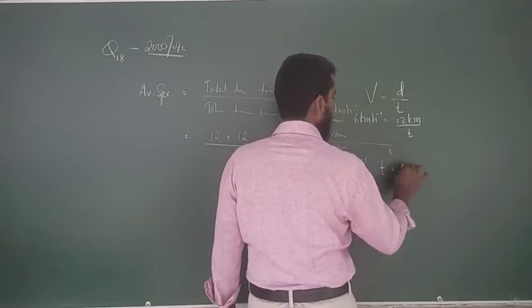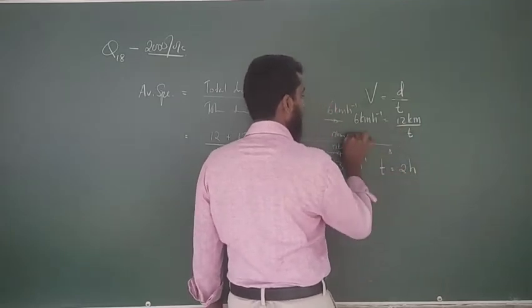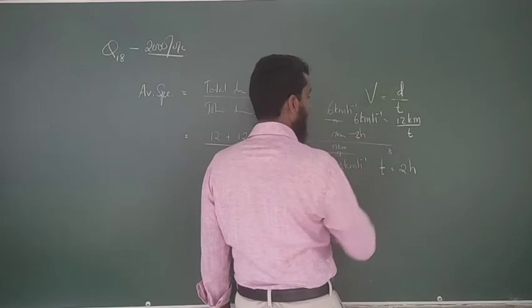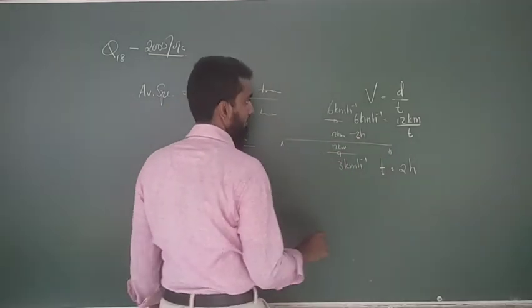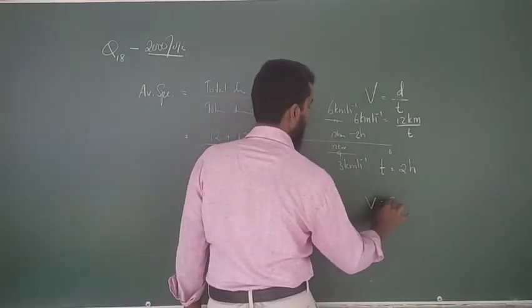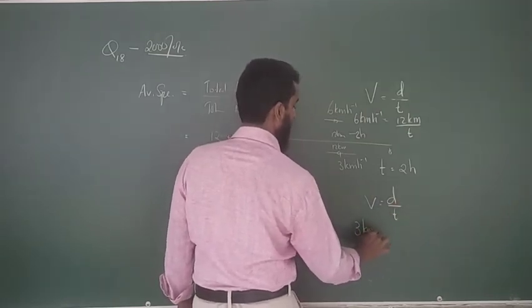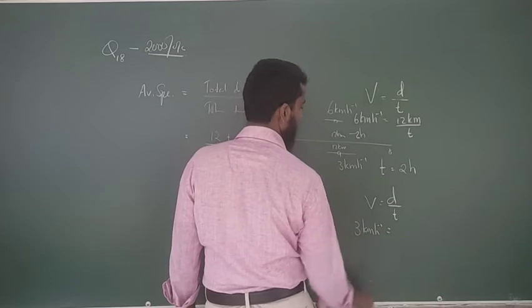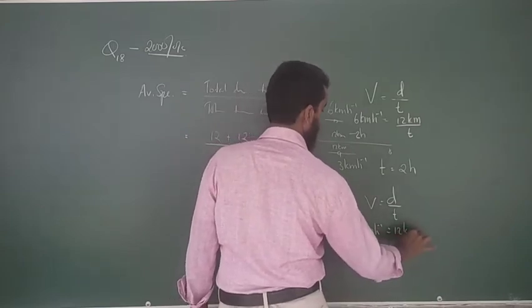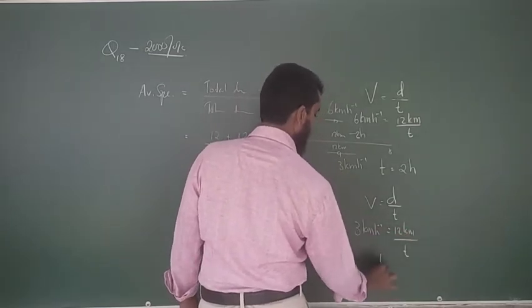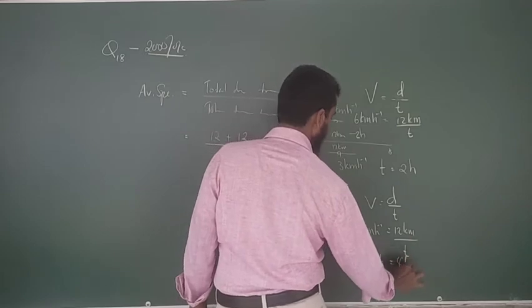If you take this, then 2 hours for this motion, 2 hours for this motion, right. V is equal to d over t, velocity 3 km hour minus 1. Distance covered 12 kilometers divided by the time taken t. Therefore t is equal to 4 hours.